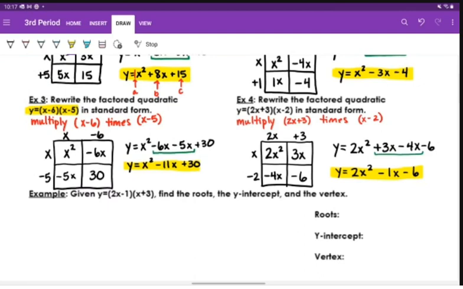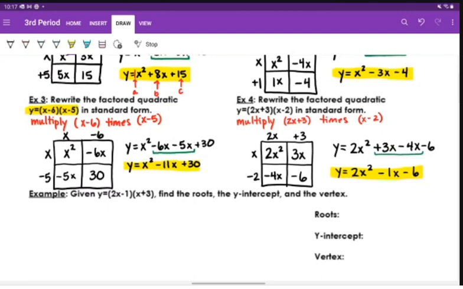Well, it is a quadratic formula, but is it standard or factored? It is factored form. What does factored form help us find? Does it help us find vertex? What features of a quadratic does the factored form help us find the best? It's right there on the top of your page.